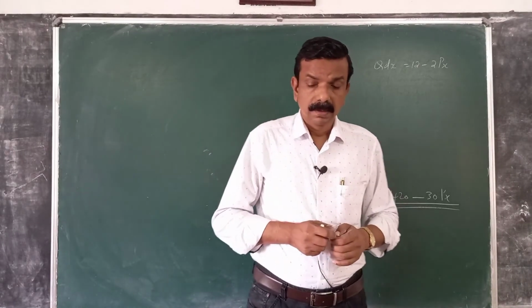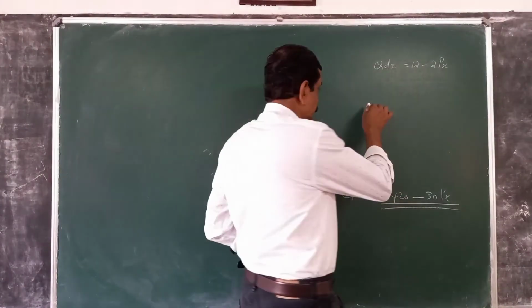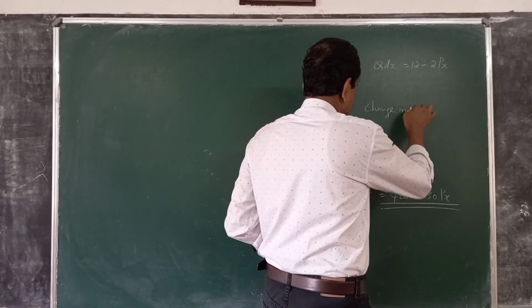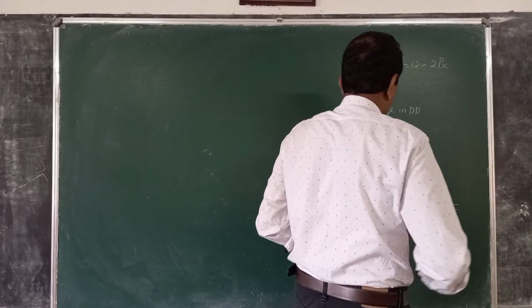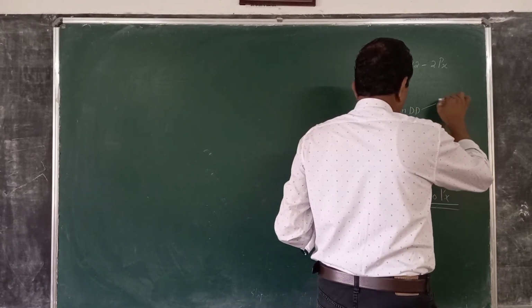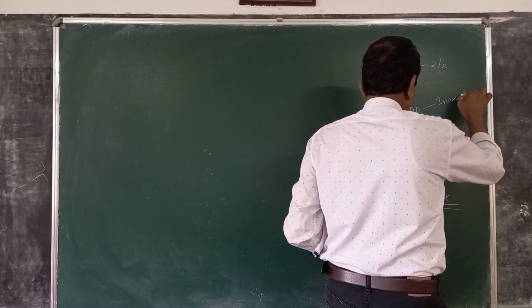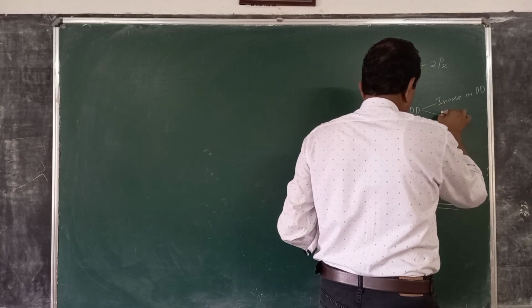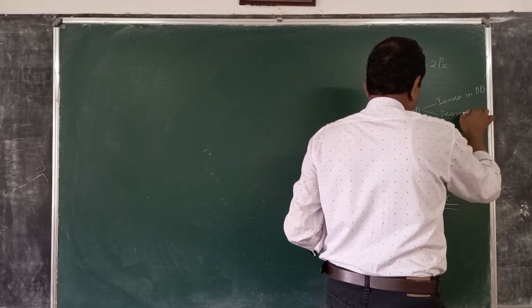And this is referred to as change in demand. If the demand curve shifts towards the right, it is increase in demand, and if it shifts towards the left, it is decrease in demand.